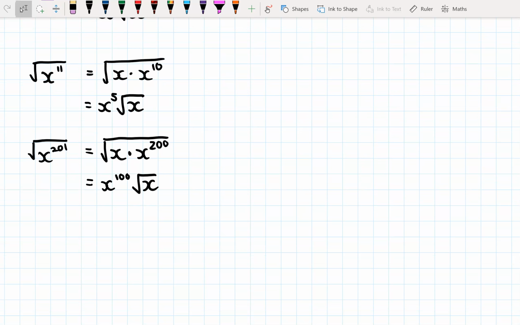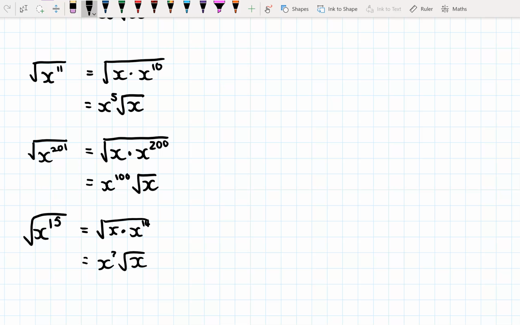Okay, x to the power of, let's make it 15, is equal to the square root of x times 15 minus 1 is 14, so x to the 14. Half of 14 is 7, so we get x to the power of 7 root x. And that's how this one works.